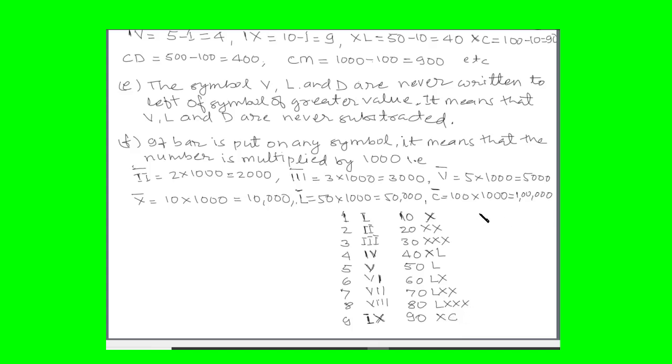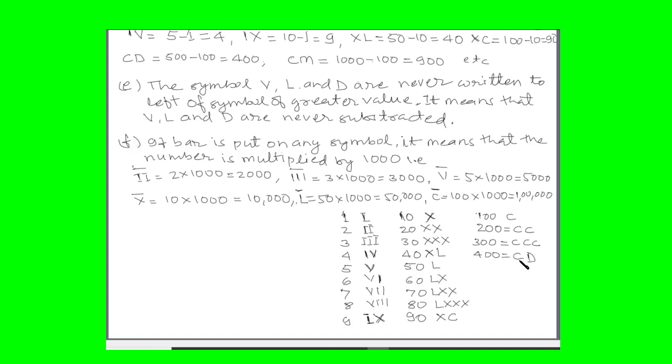Now we go to 100. 100 is C. Now we go to 200. 200 is CC, written 2 times. 300 is C 3 times. 400 is CD.